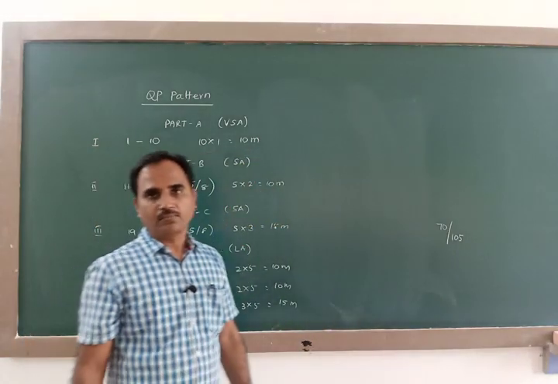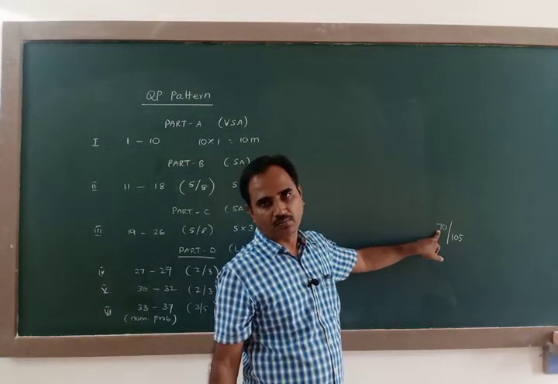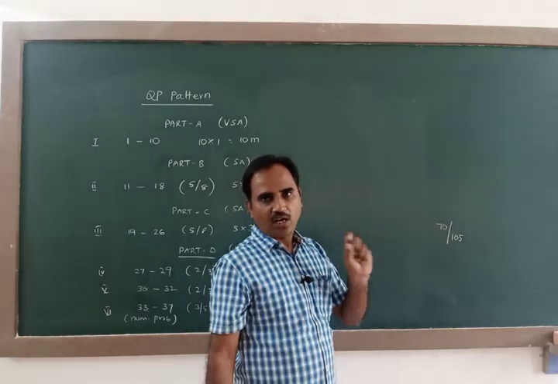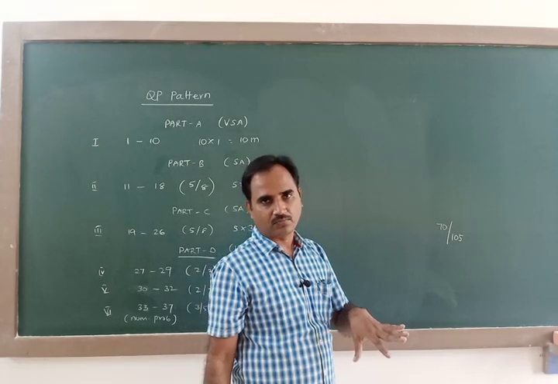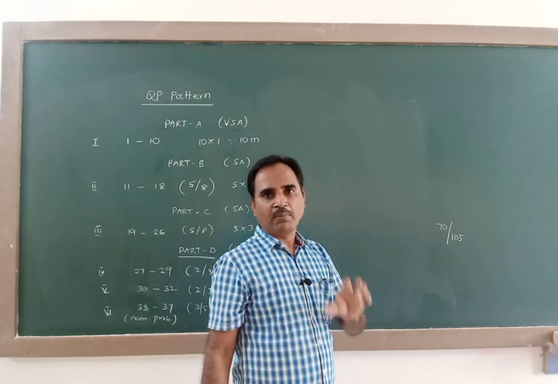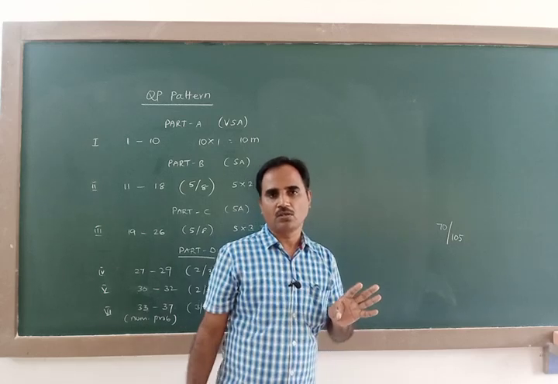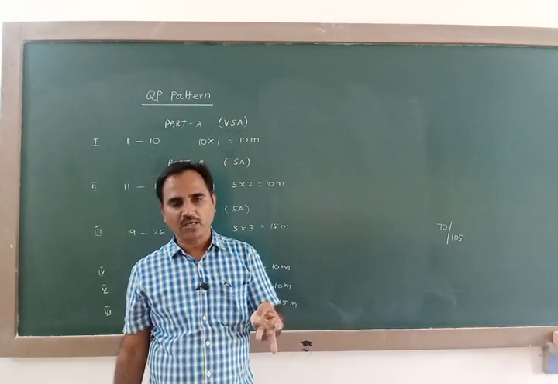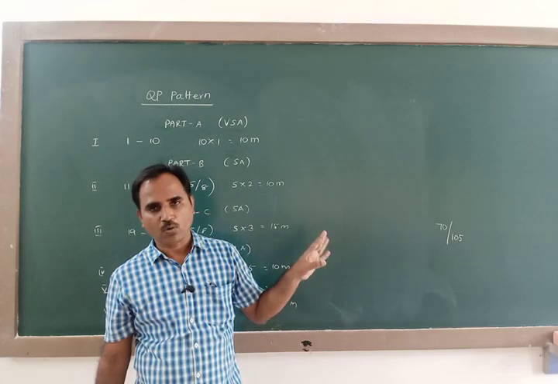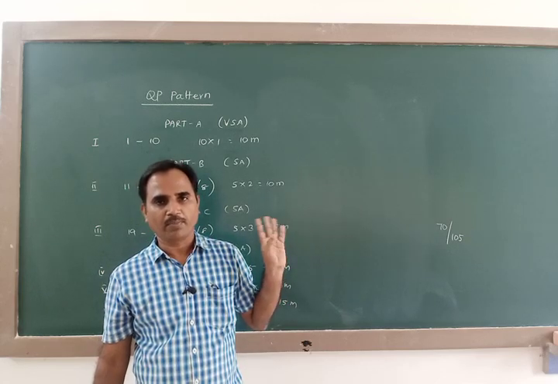For passing, out of this 70, you should get a minimum of 21. That means, in all subjects with practicals, the minimum passing marks in theory will be 21 out of 70. So in physics, chemistry, biology or computer science, in the theory paper, you should get a minimum of 21.